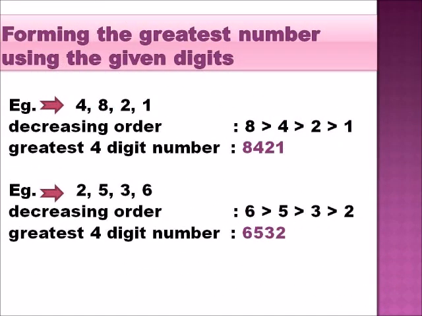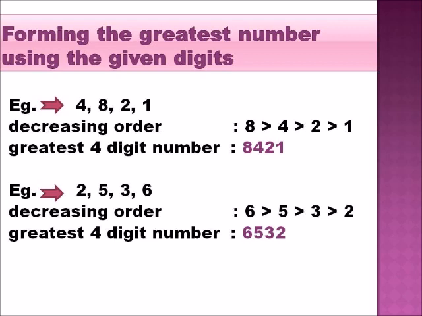Next, in example 9, we have digits like 4, 8, 2 and 1. Now by arranging in decreasing order as 8 is greater than 4, 4 is greater than 2, 2 is greater than 1. So therefore the greatest 4-digit number is 8421.